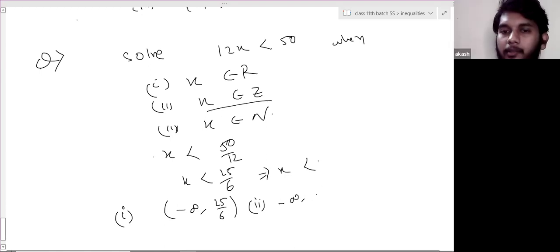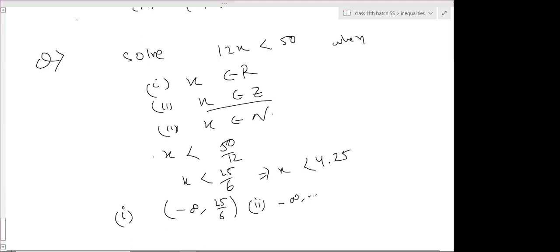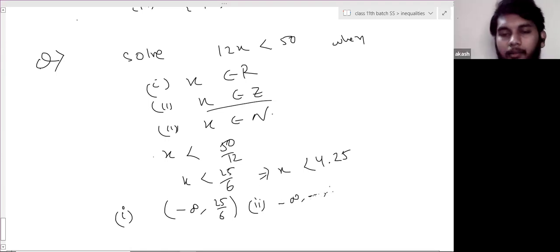So we have to write, this is 4.25. So minus infinity. Fahad, what can we write as the solution? Sir, I wrote it in the form of sets. All right, no issues.